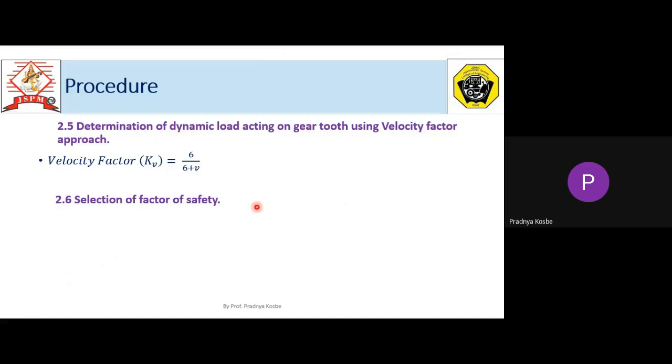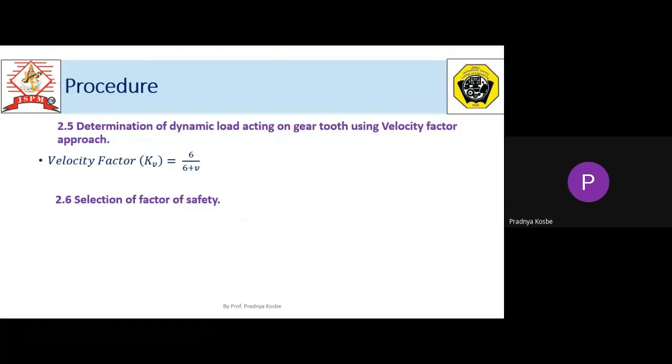So design of the gear means first you have to find out the module. So we'll design the module considering the velocity factor first. That is the first approach. And the velocity factor kV for a spur gear is equal to 6 divided by 6 plus V. And then selection of factor of safety.